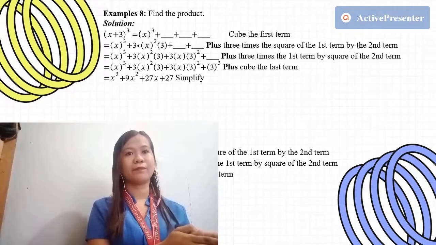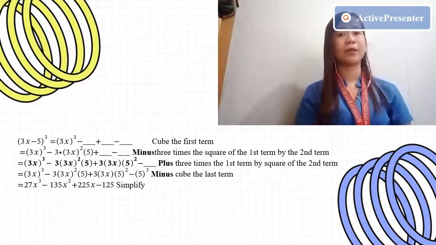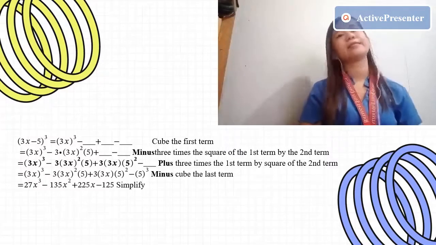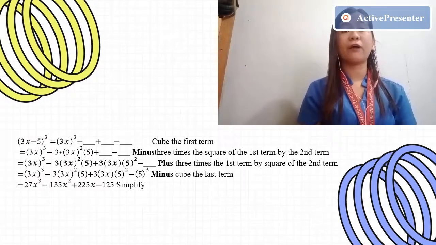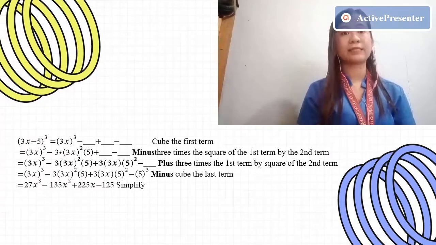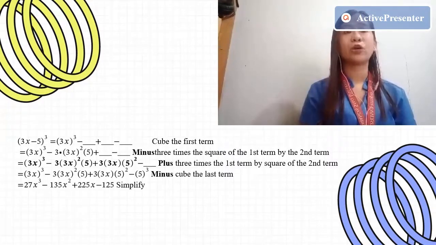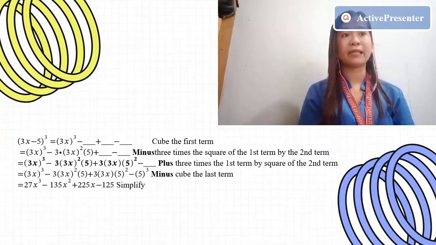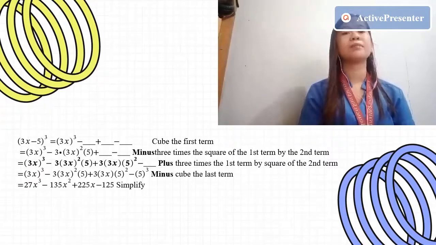Second one, we have 3x minus 5 cubed. Getting the cube of the difference. So let us have the cube of the first term. Our first term is 3x. So the cube of 3x is equal to 27x cubed. Then minus 3 times the square of the first term and the second term. So we have 3 times the square of the first term.